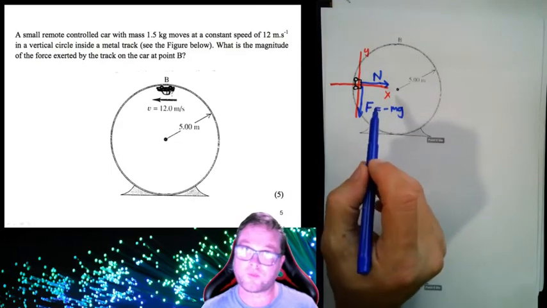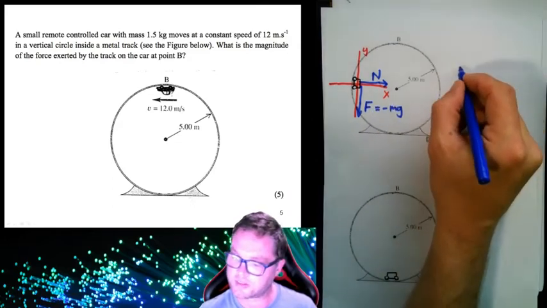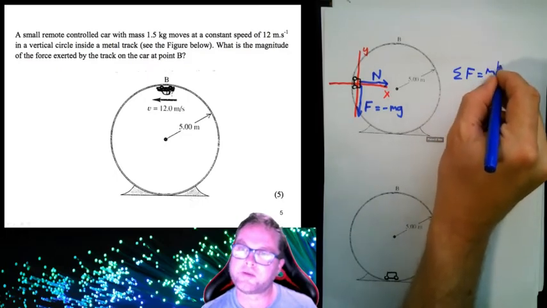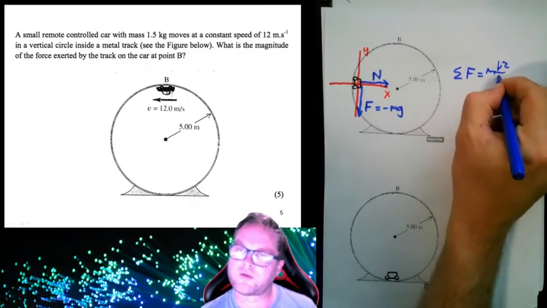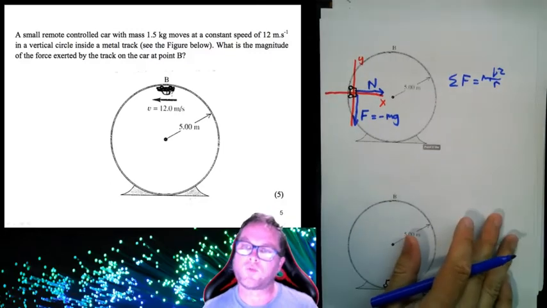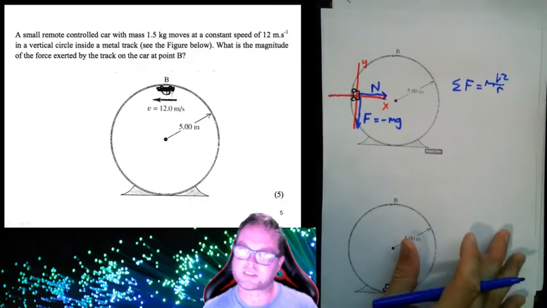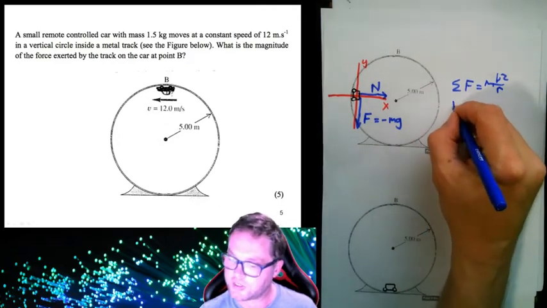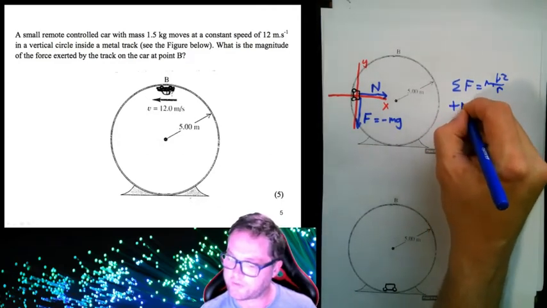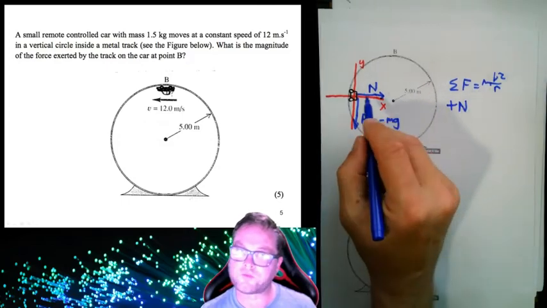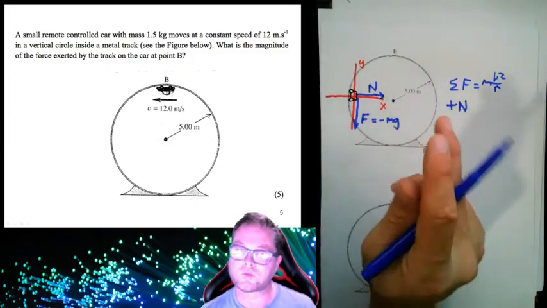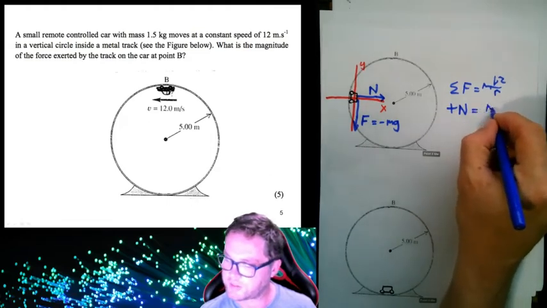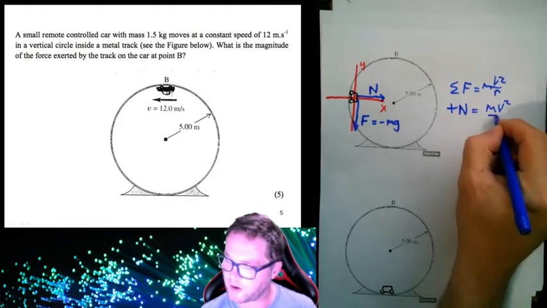Remember, we're interested in the equation: the sum of the forces is equal to mv squared over r. And what we're interested in is the forces acting towards the center of the circle. So in applying this equation, we would have plus the normal force that's acting directly towards the center, and this would be equal to mv squared over r.